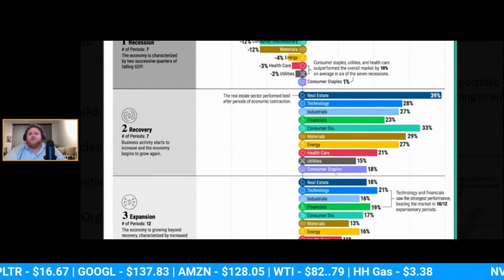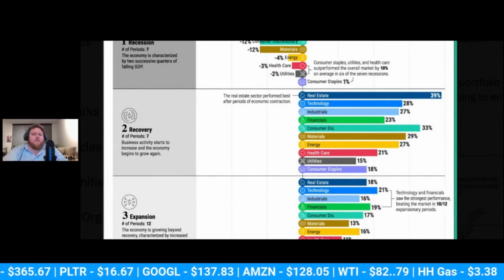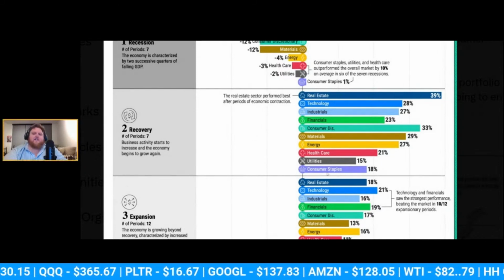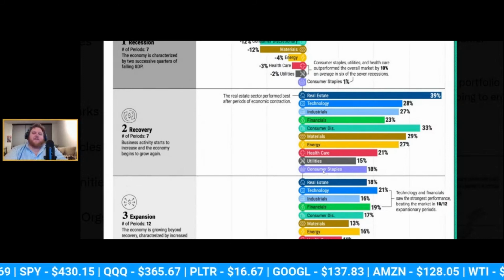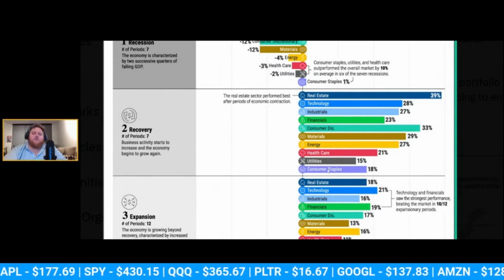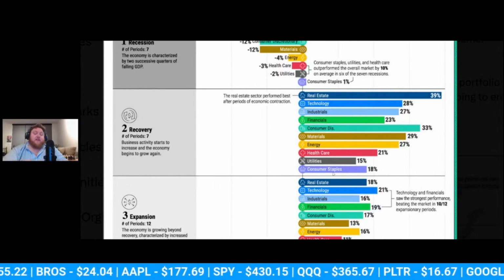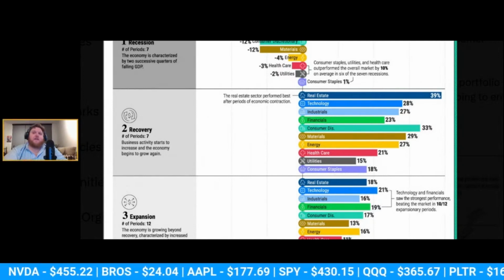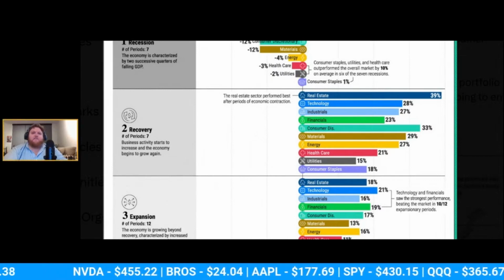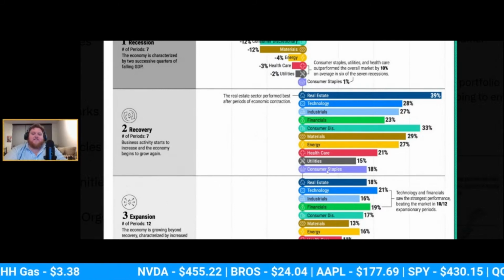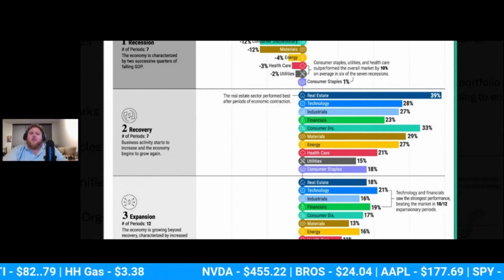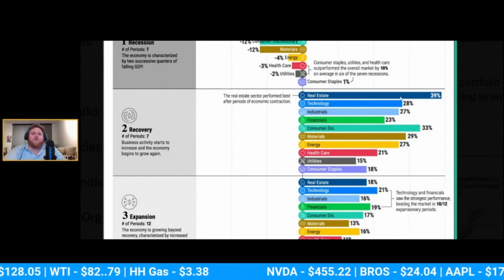Purses, clothes, maybe candy would be considered discretionary. Whereas staples, things like deodorant and normal everyday items, trash bags, stuff like that, are kind of lulling here because, while people might be buying slightly more of it, everyone uses it on a day-to-day basis. So people aren't going to be rushing back to the extent of, say, real estate or technology.